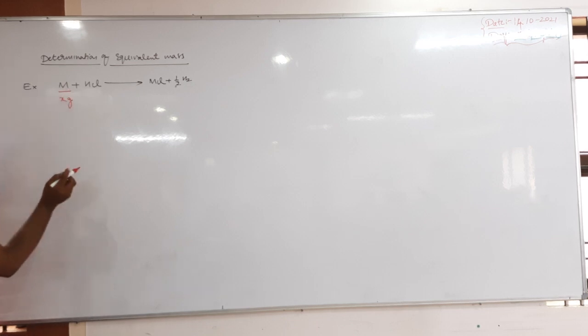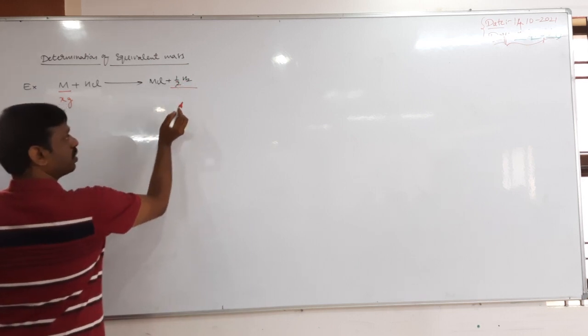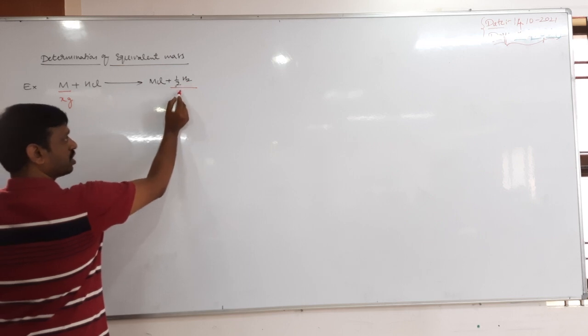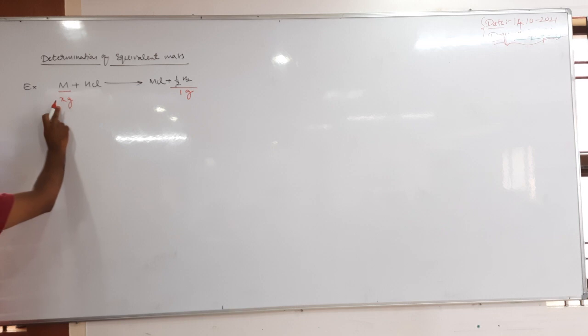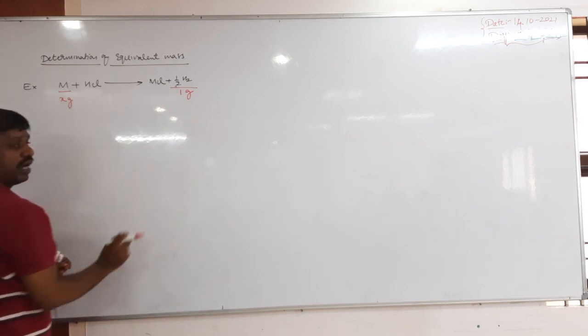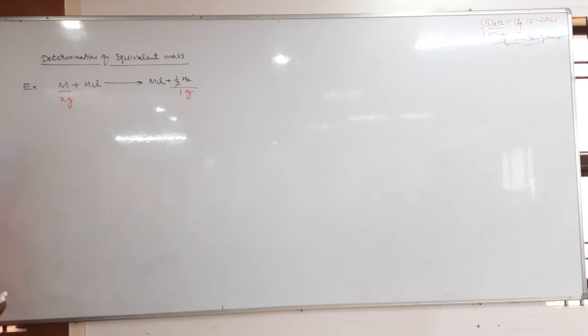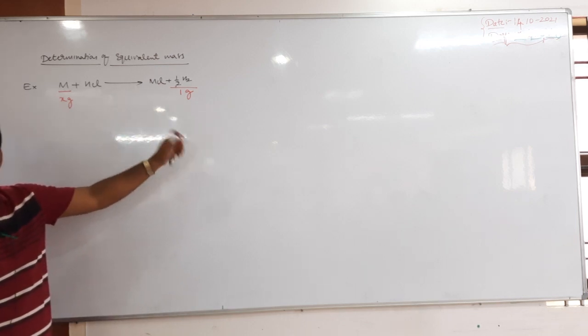X gram of metal liberates half mole of H2, which is nothing but 1 gram of hydrogen. 1.008 gram is nothing but the gram equivalent weight. Therefore, this 1 gram is approximately the equivalent weight of hydrogen.